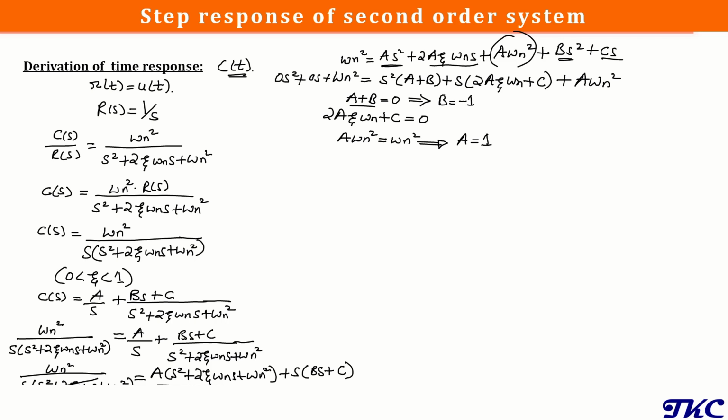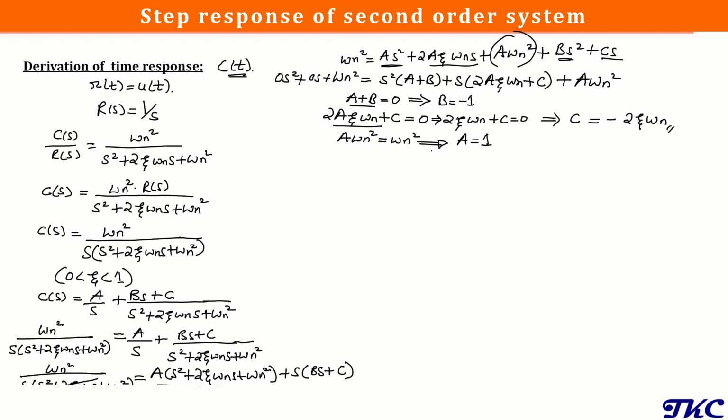So B is equal to -1. Now let's substitute into the second equation so that we can get the value of C. Here we will have 2 zeta omega n plus C equal to 0, so the value of C will be equal to -2 zeta omega n.